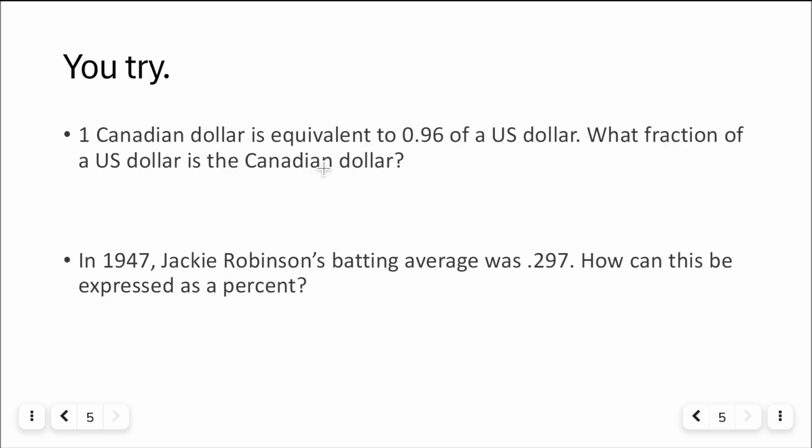Okay, 1 Canadian dollar is the equivalent of 0.96 of a US dollar. What fraction of a US dollar is the Canadian dollar? Okay, so 0.96, move the decimal 2 spots to the right or multiply by 100. That's 96%. So 96 over 100. I'm going to divide each one by 2, let's say.